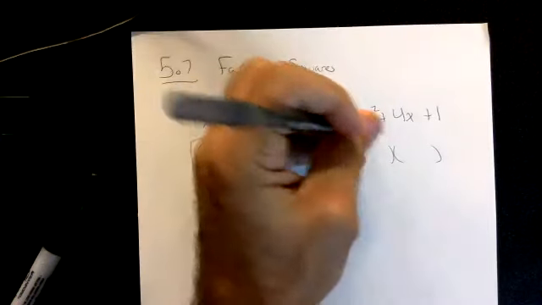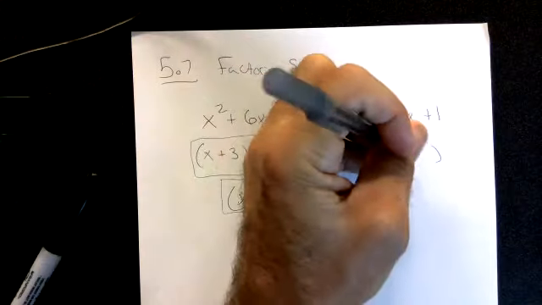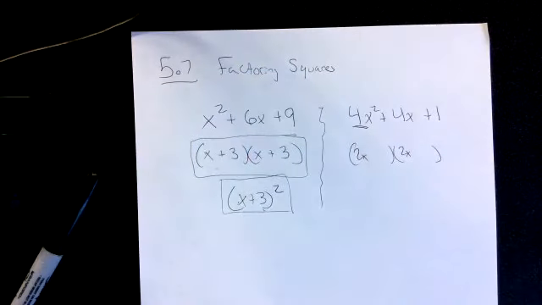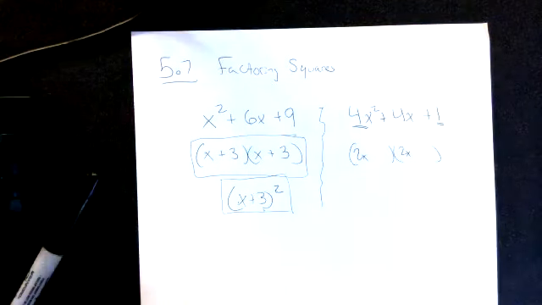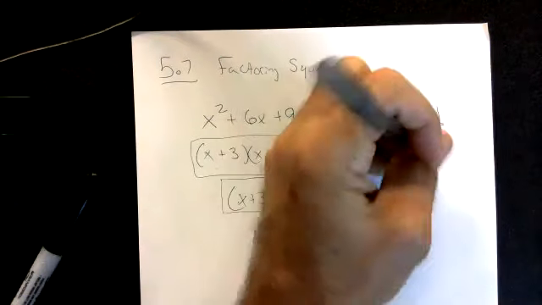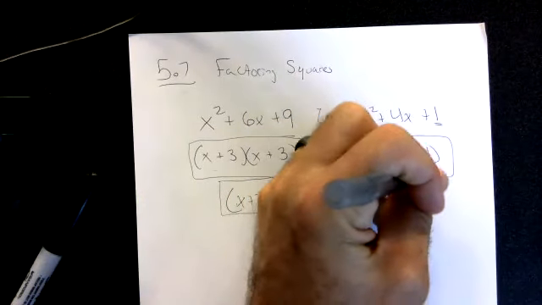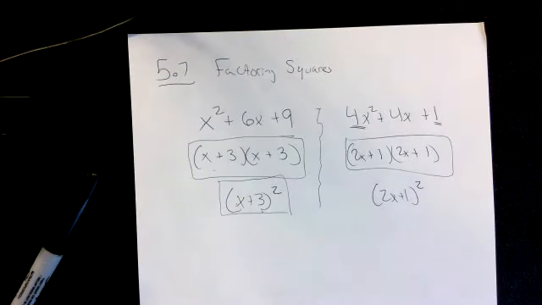All we have to figure out is what can I multiply by itself to get 4x squared. That's 2x and 2x. And then what can I multiply by itself to get 1? That's 1 and 1. So then that's your factored form. Or again, you can write that as 2x plus 1 quantity squared.